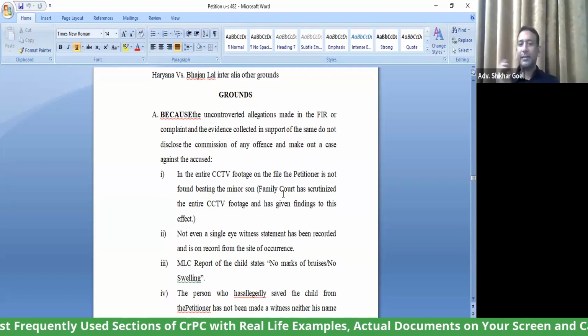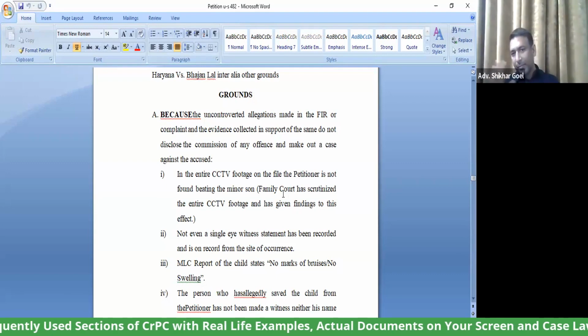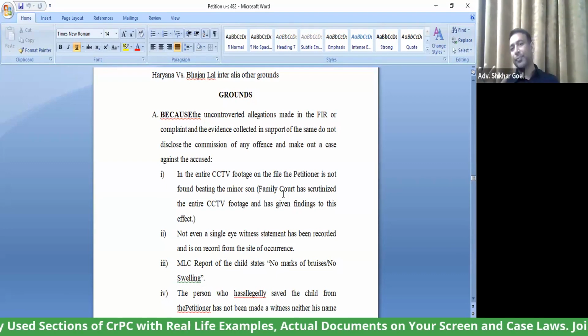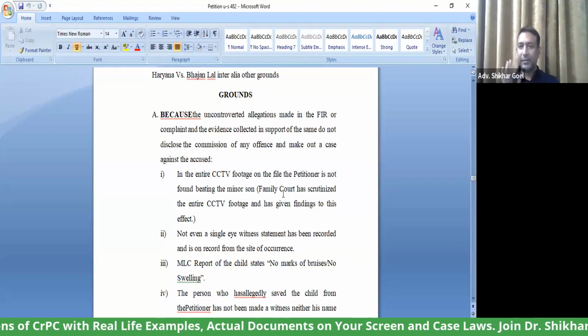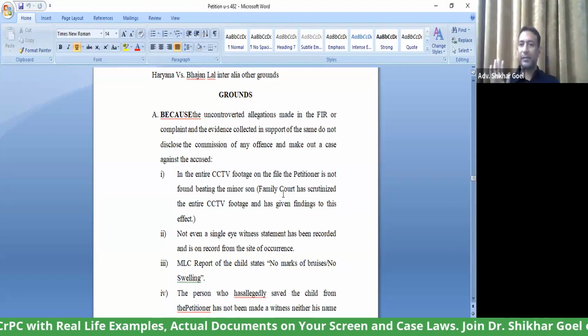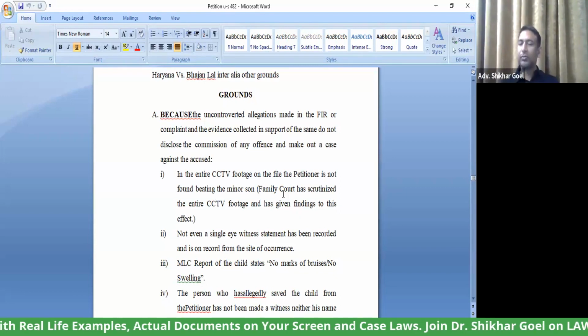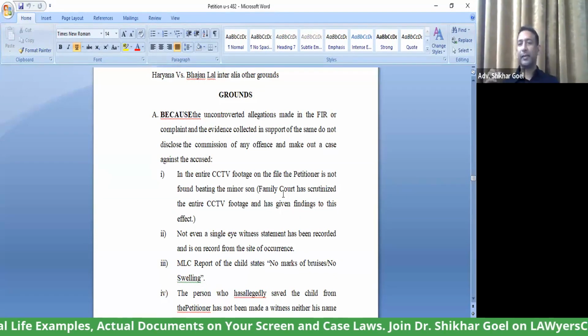कि देखो CCTV footage में कहीं भी कोई मारपीट नहीं है. So if evidence is even taken on the prima facie value, it does not lead to cognizable offense.